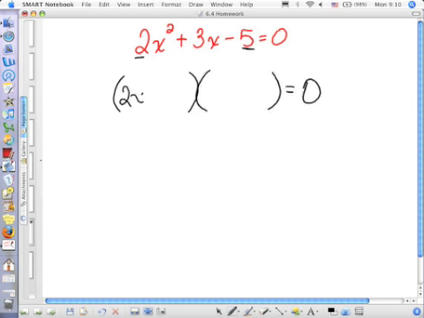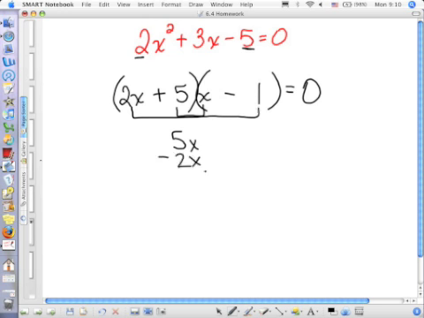2x times x is 2x squared. And 5 times 1 is 5. And if I put it here, that's 2x squared, that's plus 5x, minus 2x, which gives me 3x in the middle, and 5 times negative 1 is negative 5.